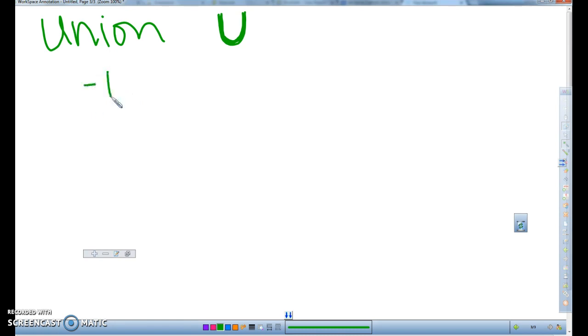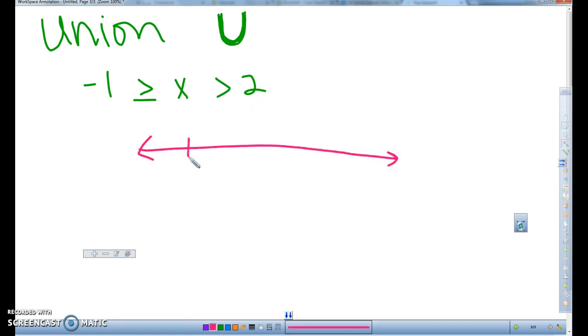Let's say we have -1 greater than or equal to x greater than 2. So when I go to graph this on a number line, here's -1, 0, 1, 2. We know we have a closed circle on -1 and an open circle on 2. Got them mixed up for a sec.